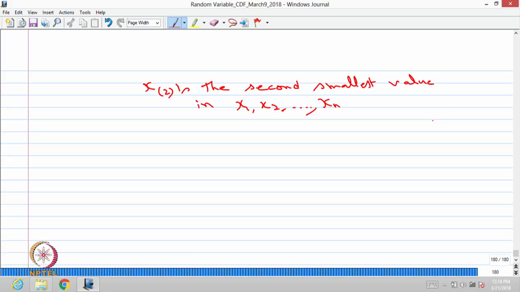Similarly, x bracket n is nothing but the maximum of x1, x2 and so on till xn. That is the difference between xi's and x bracket i's. Fine.